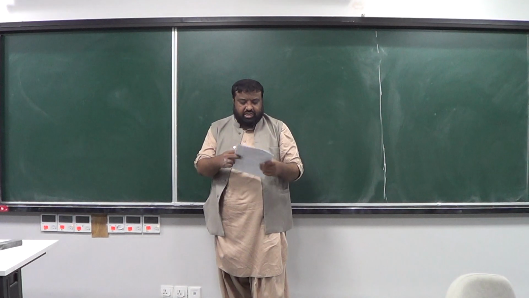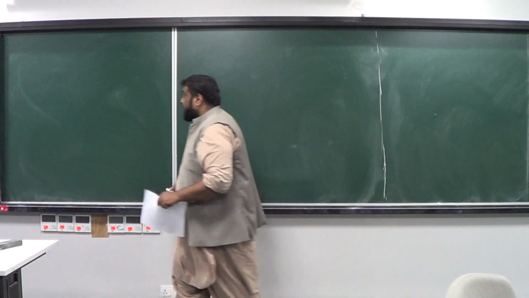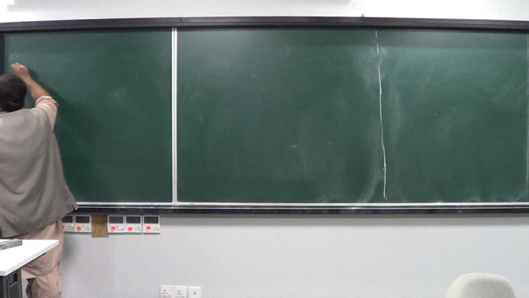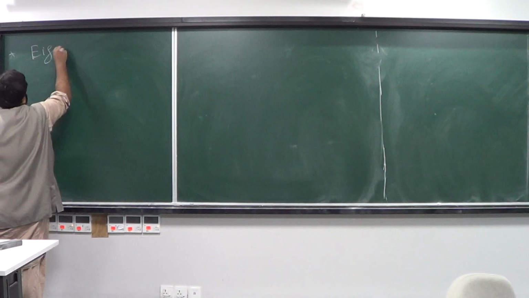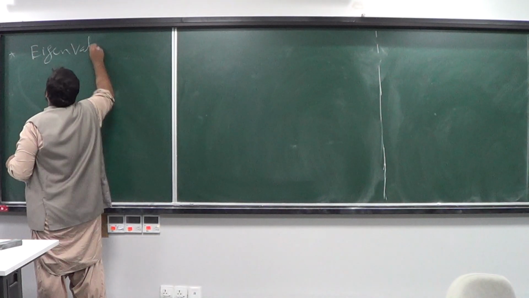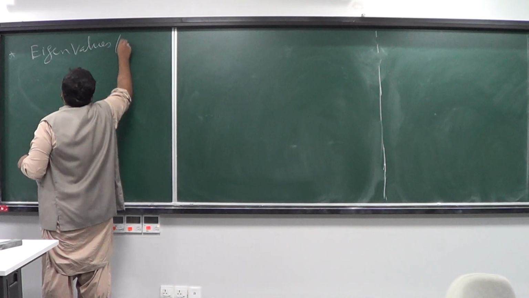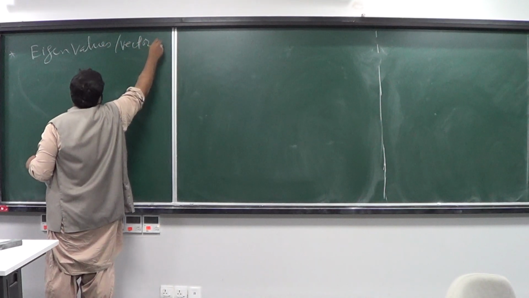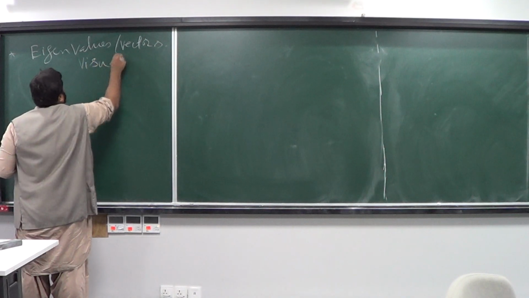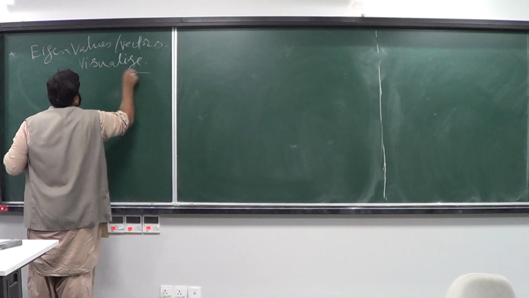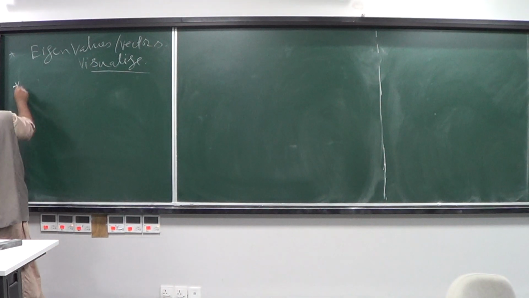So let's start. What we would like to do in today's discussion is define what we mean by eigenvalues and eigenvectors, and we will try to visualize them. We will try to see them through some examples.